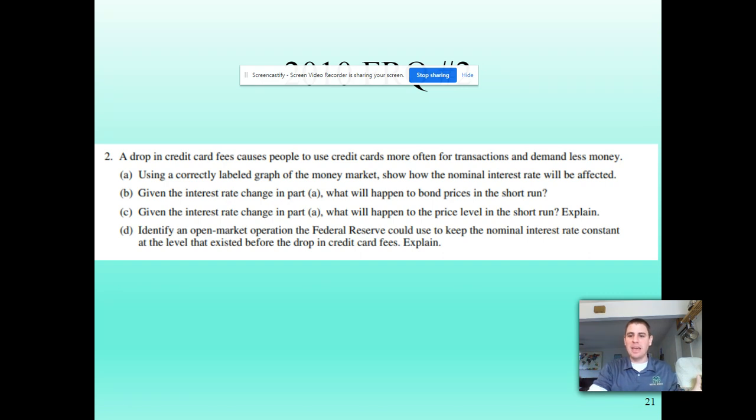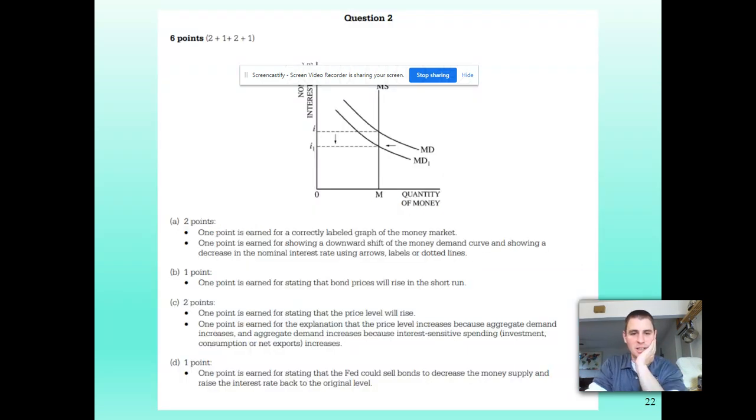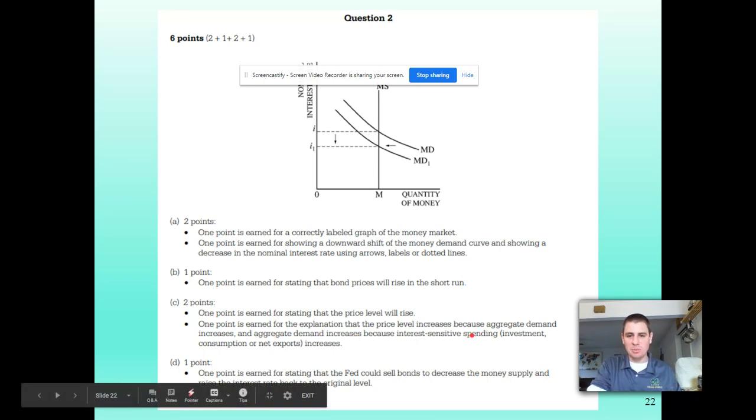Ultimately, aggregate demand will shift to the right, which causes price level to increase. So again, 1 point is earned for stating, this is C, that price level will rise. 1 point is earned for the explanation that the price level increases because aggregate demand increases, and aggregate demand increases because interest-sensitive spending, right? This is talking about loans, increases. Cool?